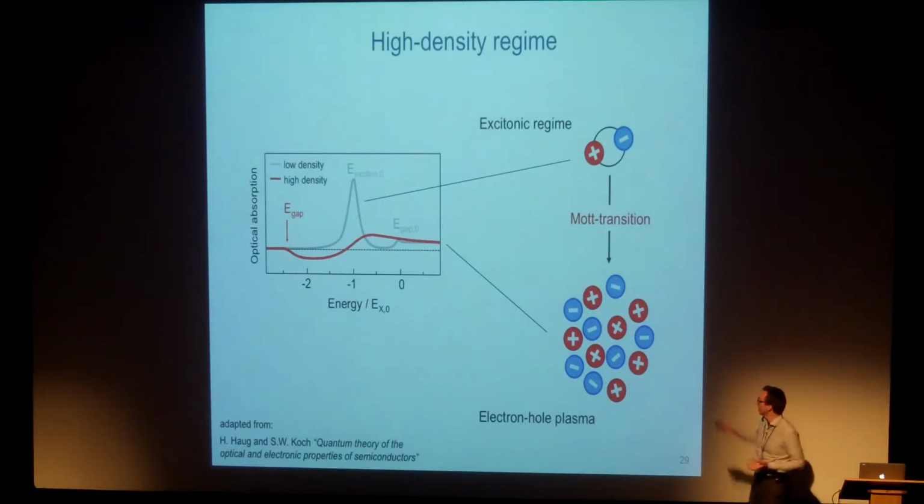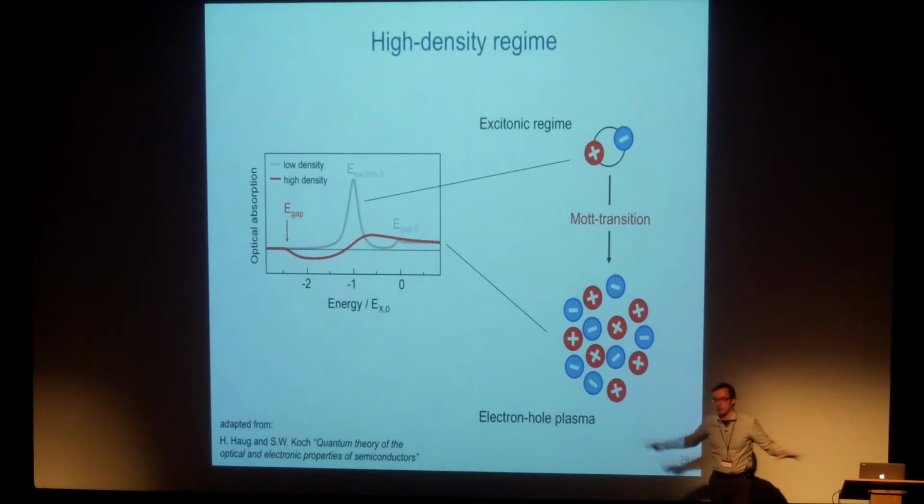And here again, what we did, we basically traversed the so-called Mott transition. So right now, we don't have a bound exciton state. We have more or less a fluid, a gas of electrons and holes.